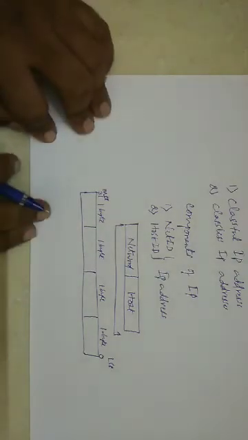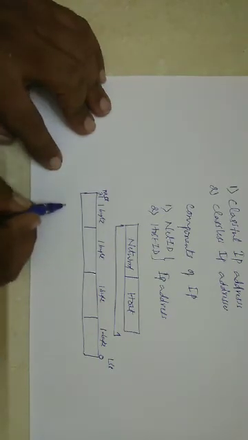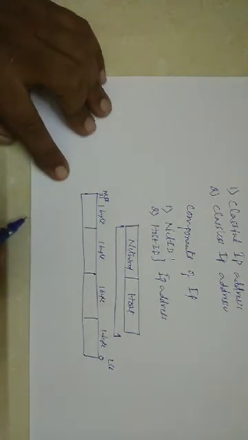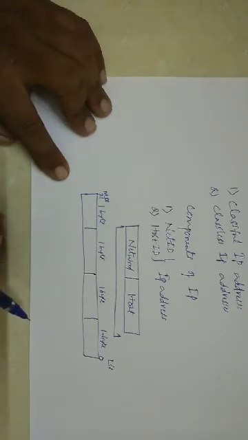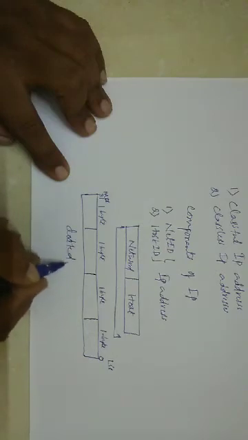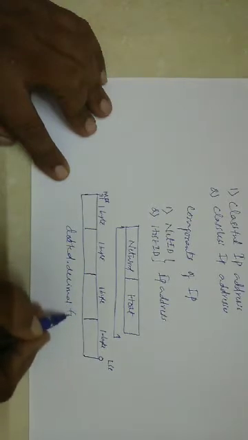These IP addresses are represented in dotted decimal format. If I present the numbers in binary form of 32 bits, it is very difficult for the user to understand or remember those IP addresses. So they represent those binary IP addresses in dotted decimal format.